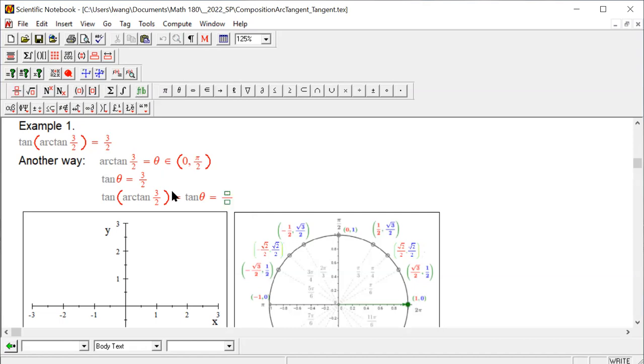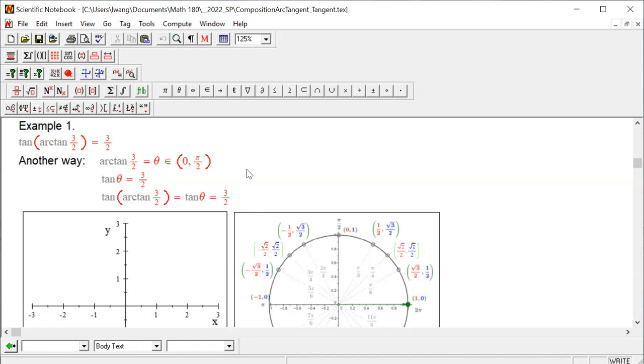So this operation is rather straightforward. We're really just using the definition of arctangent. Okay? So that's question number 1. So either way, you're going to get the answer, which is pretty easy. You just have to recognize the composition.